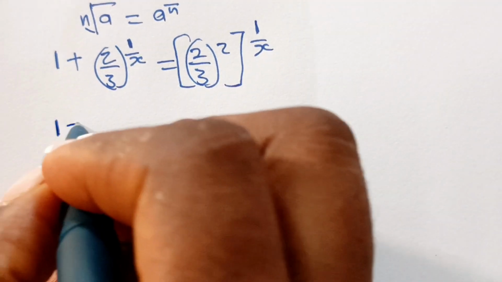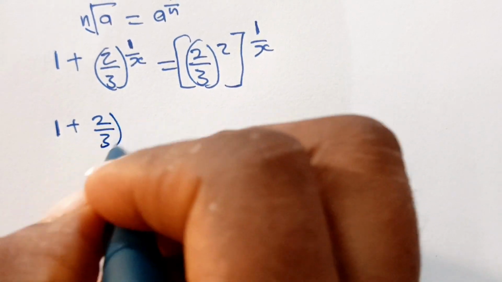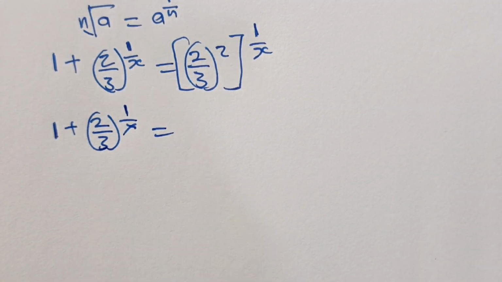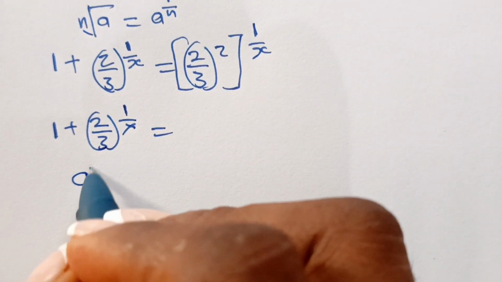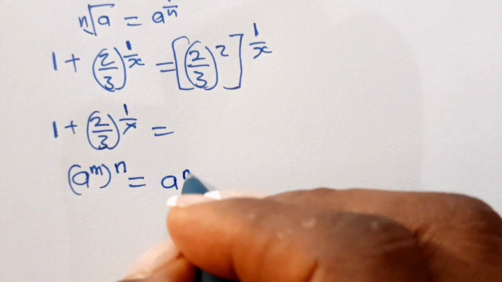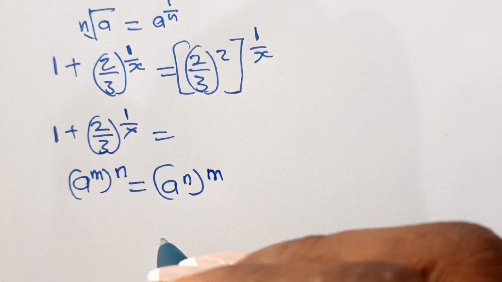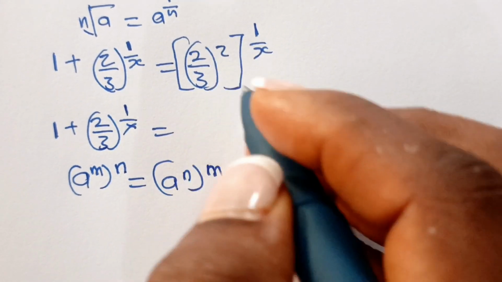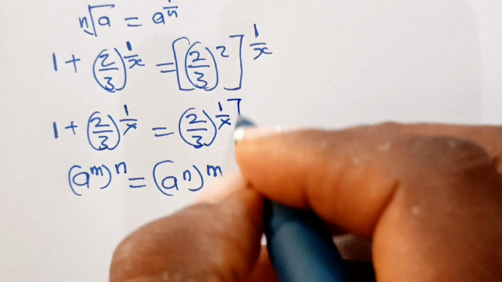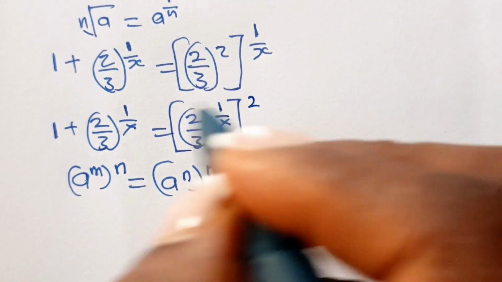We have 1 plus 2 over 3 to the power of 1 over x is equal to, now when you have a to the power of m raised to the power of n, this can be written as a to the power of n raised to the power of m, okay? So that means that we can write this as 2 over 3 raised to the power of 1 over x, raised to the power of 2.